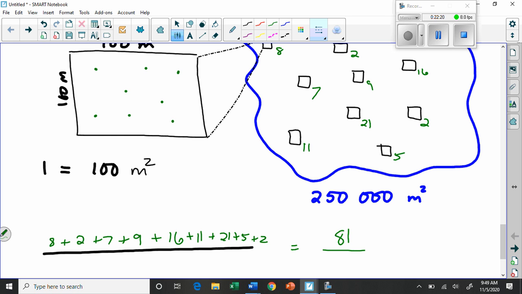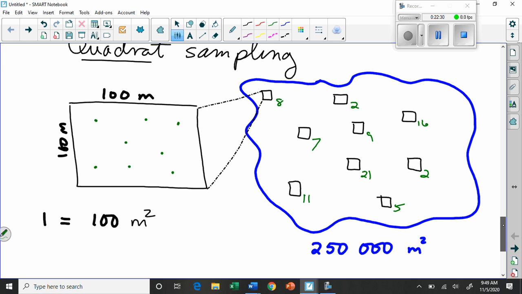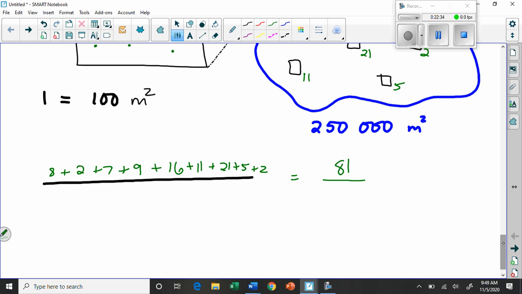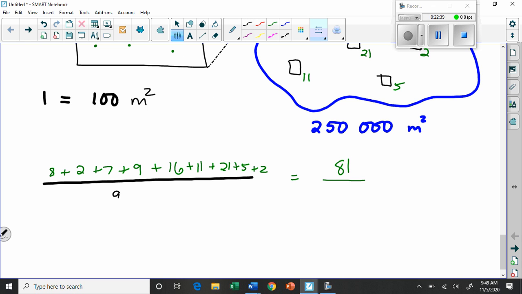And then we have to add up how much area that is. And if you think about it, well, we have how many quadrats? We counted 1, 2, 3, 4, 5, 6, 7, 8, 9 of them. And they're all the same size. So that would mean on the bottom, our quadrats in black here would be 9 times 100 square meters. So the total area is basically 900 square meters.